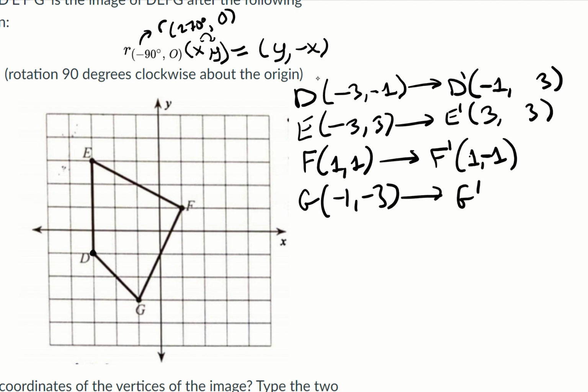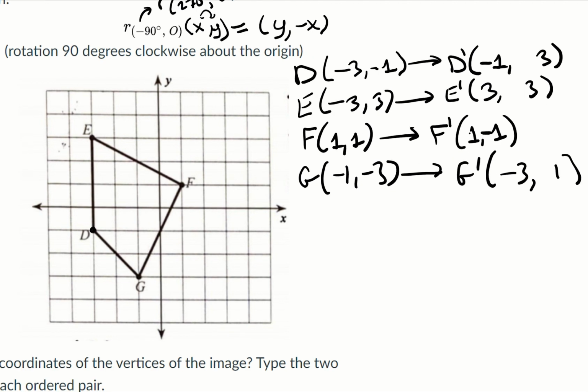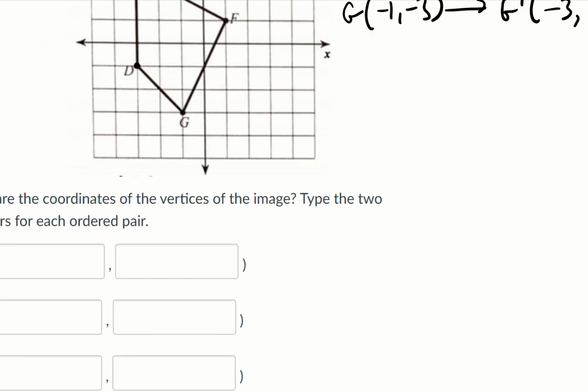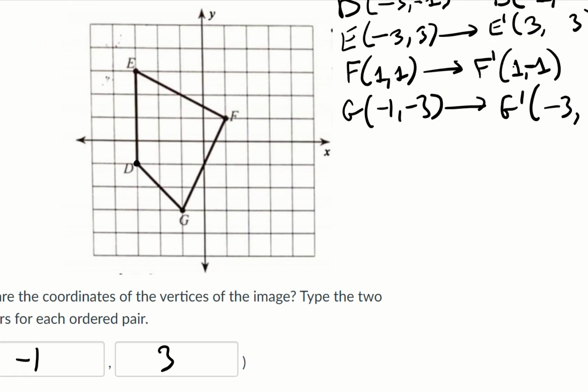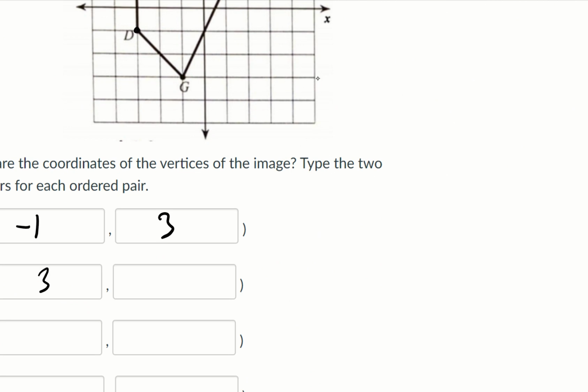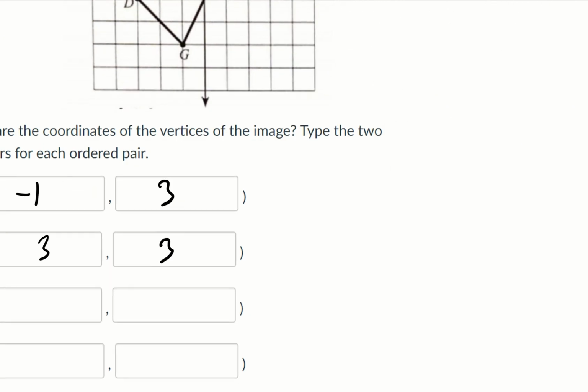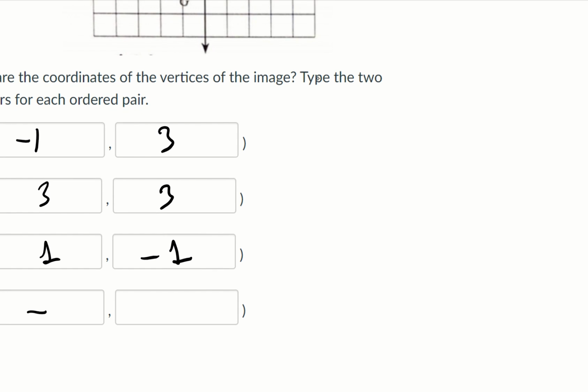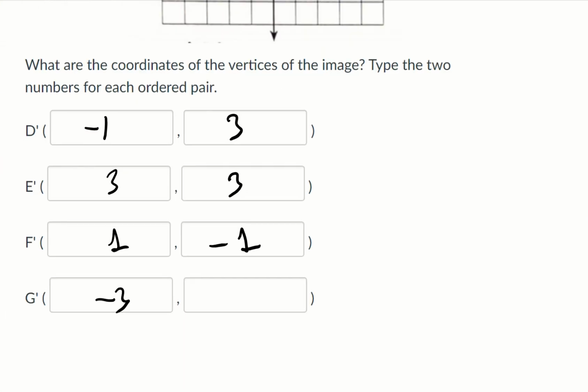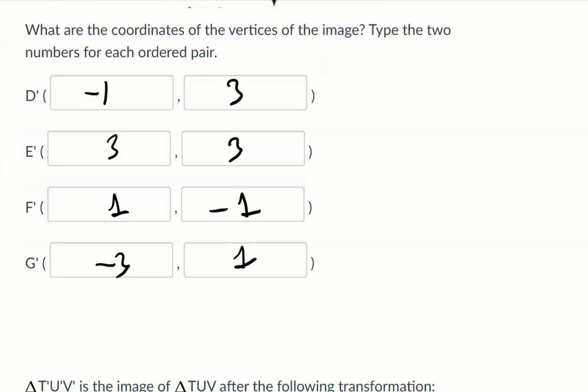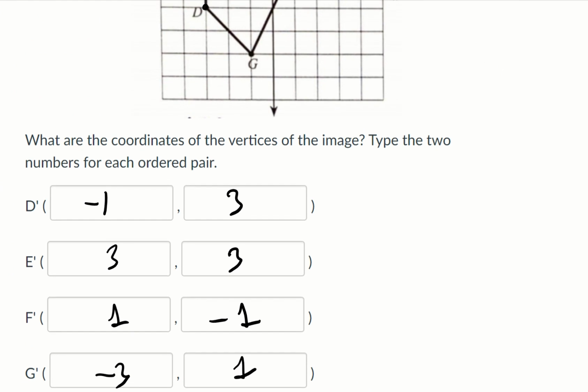And that transforms to G prime, where you switch the numbers and change the sign of the second number. So negative 3, positive 1. All right, so these are my coordinates, and you're just going to write them here in that order. And that's how you would type them into the boxes.